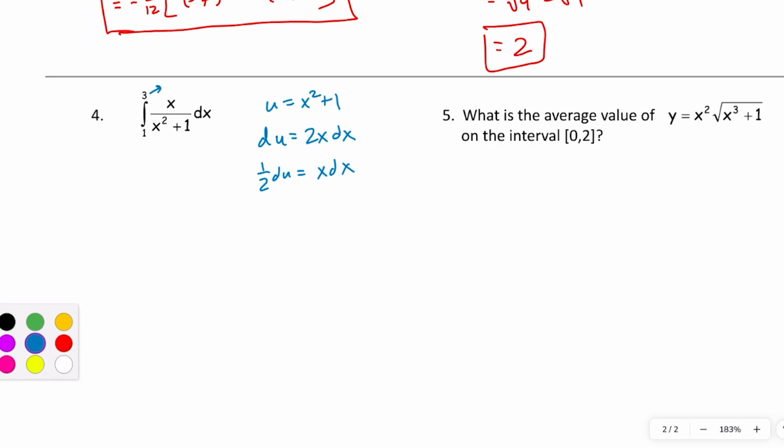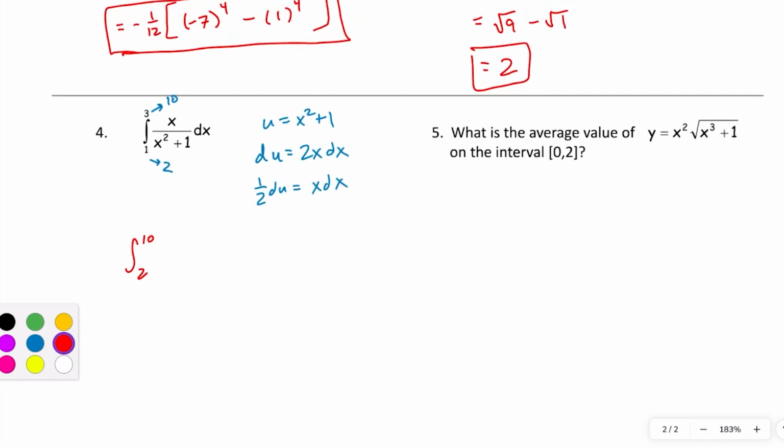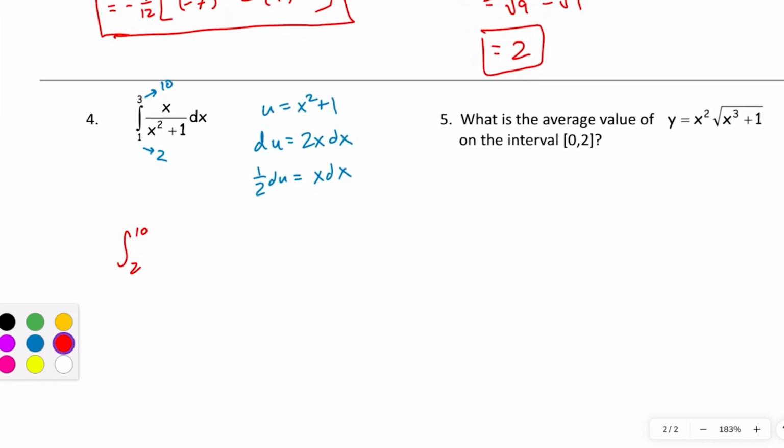So 3 squared plus 1, that's 9 plus 1, is 10. 1 squared plus 1 is 2. So we have the integral from 2 to 10.